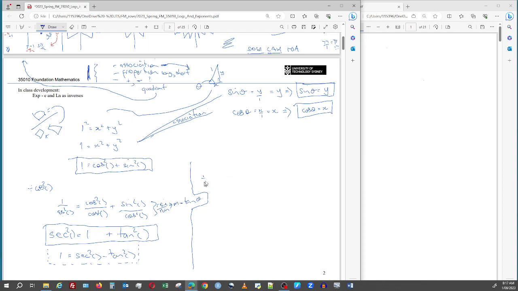Now, if we do divide by sine squared, we'll get 1 over sine squared, and we'll get cos squared over sine squared, because we're dividing through by sine squared, and we've got sine squared over sine squared. And so that one is 1, isn't it? 1 over sin is cosec. So sec is just cos, that's how I remember it.